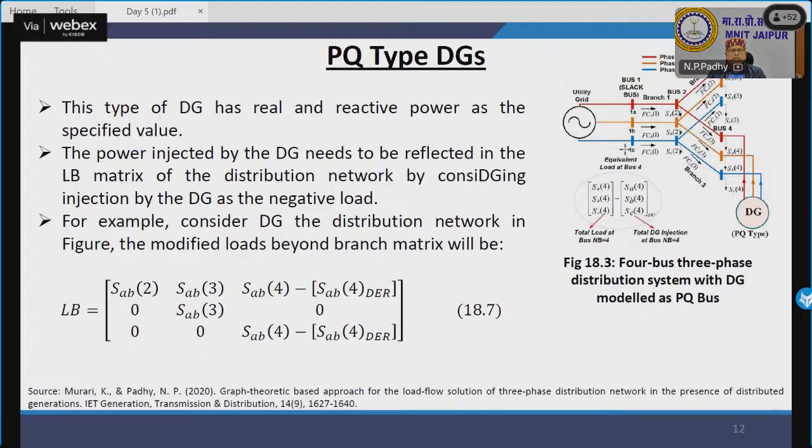Okay. So for example, consider the DG in the distribution network in the figure. The modified load beyond branch matrix will be LB equal to SAB, 2, 3, 4. But in the case of the fourth one, it is basically a subtraction. So this is basically the load.